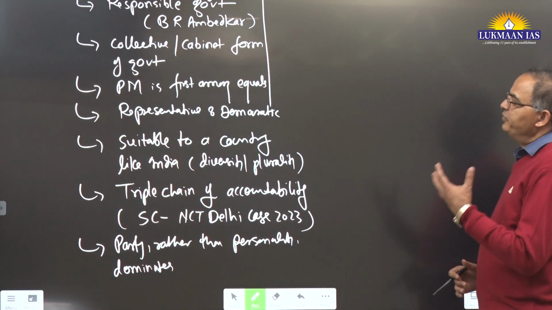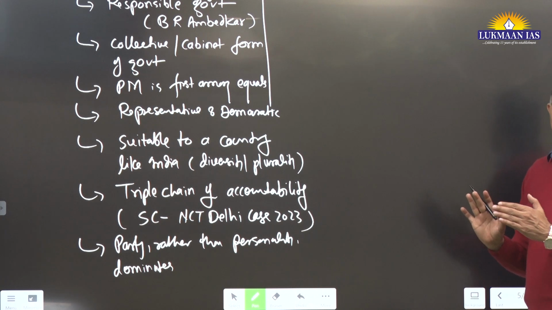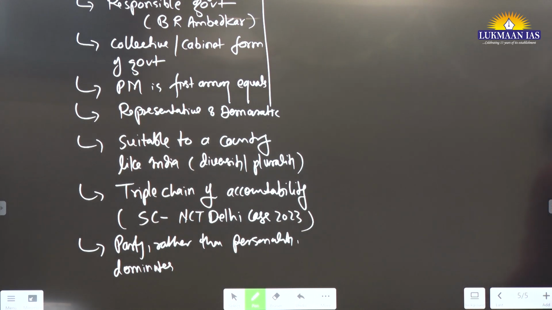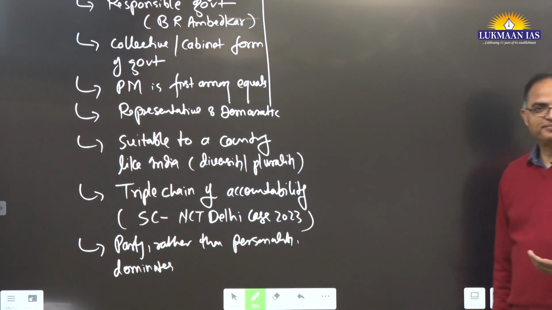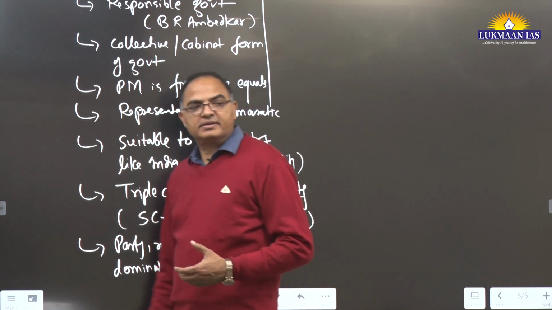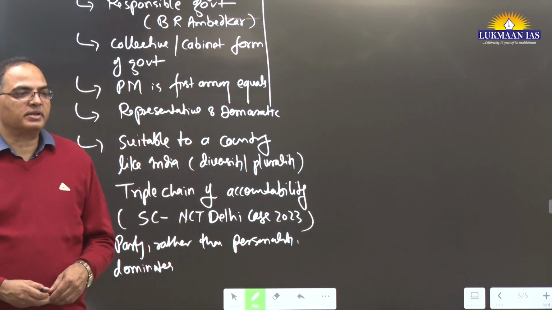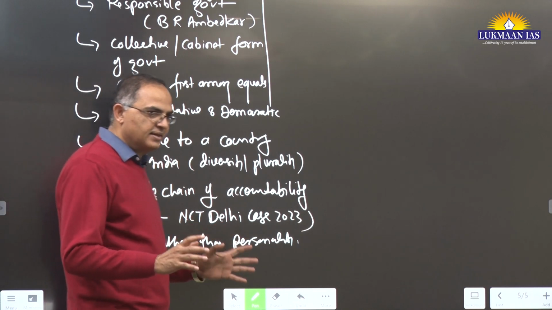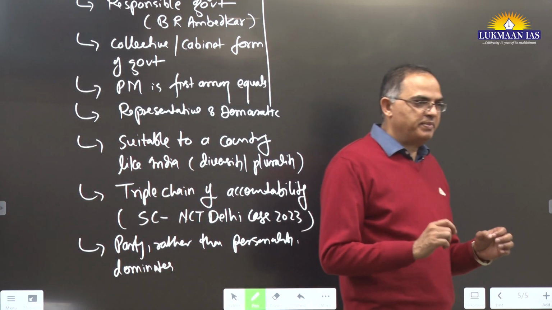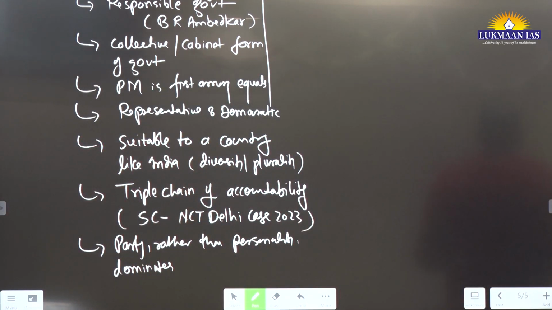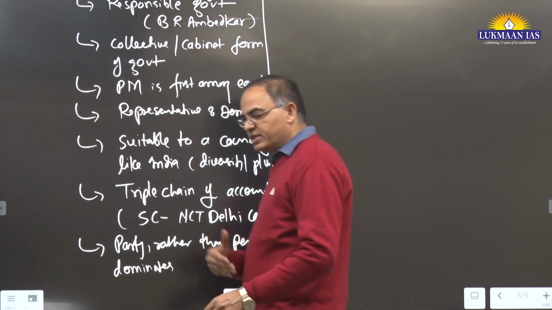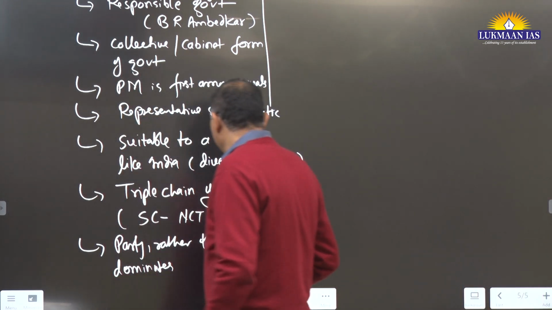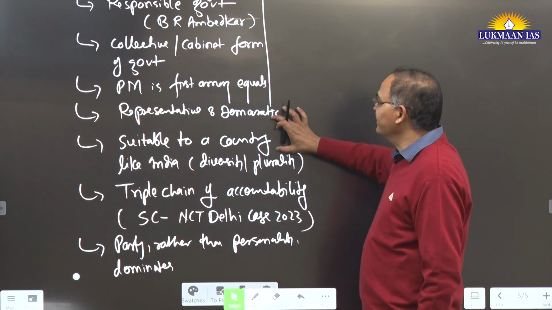So basically, what you take out of all those advantages is that it will be a responsible government. We will consider it a responsible government. This is how we take it out of all these points. In essence, we say that the parliamentary system of government is a responsible government, which I will dictate after this. But what can be the disadvantages?